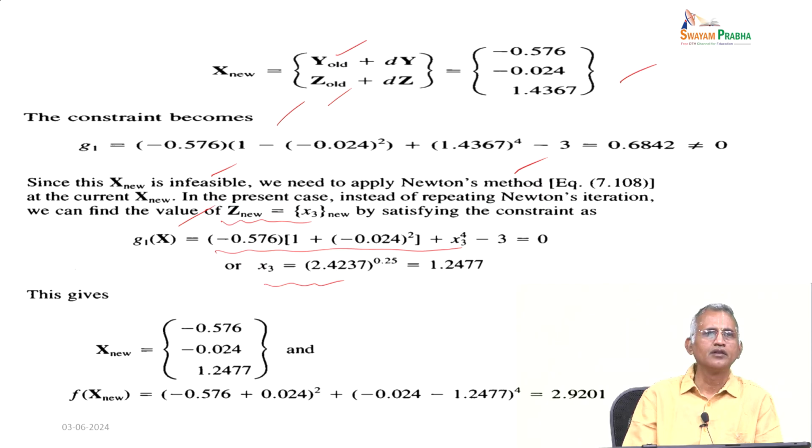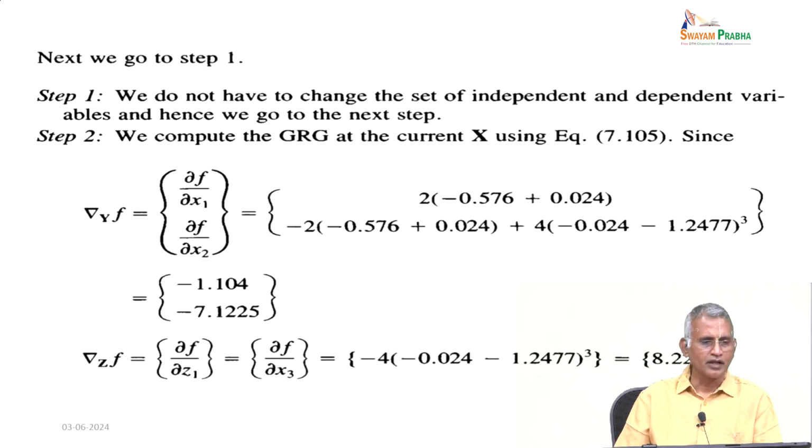So, x new has x1, x2, x3 values; substitute it in the given function, and you get 2.9201. Therefore, you go to step 1.